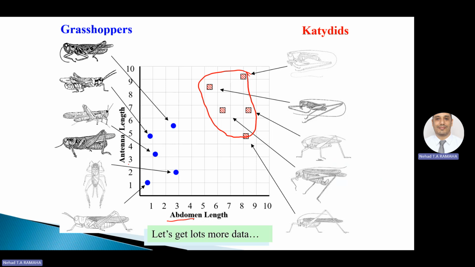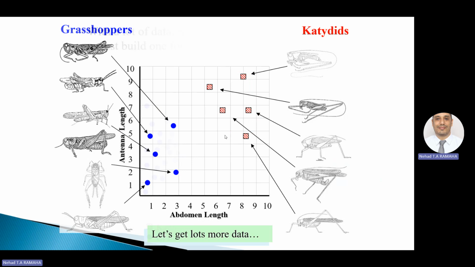When you speak about antenna, here's the length. This one has length 1. This one has length 7, and this one we count as 9. Later we will see it.